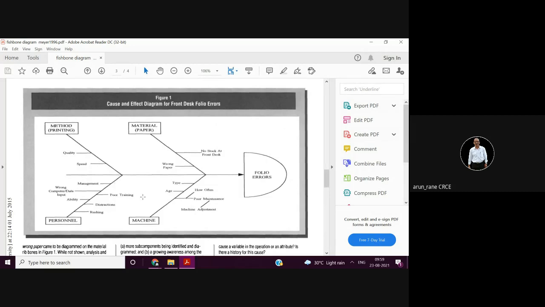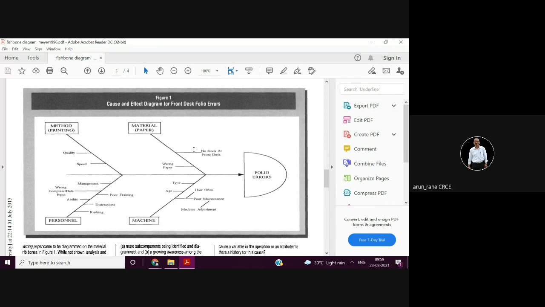Again in speed, you can write in maintenance how often it is carried out, and machine adjustment. Like that, here also you can write poor training, the reasons for the poor training or reasons for the distractions.